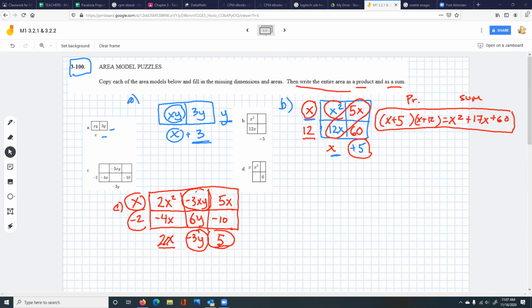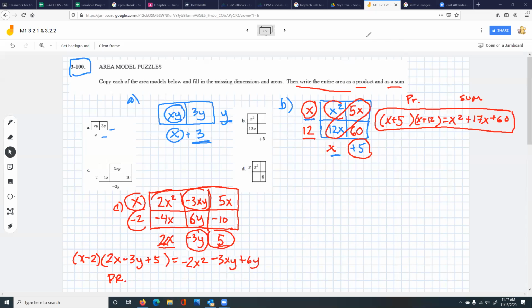So let's write our product sum. Our product is, put the binomial first, x minus 2 times our trinomial, which is 2x minus 3y plus 5. Those are the two things we're multiplying. What's the sum? The sum is what's inside. Let's start with 2x squared, then minus 3xy, then plus 6y.